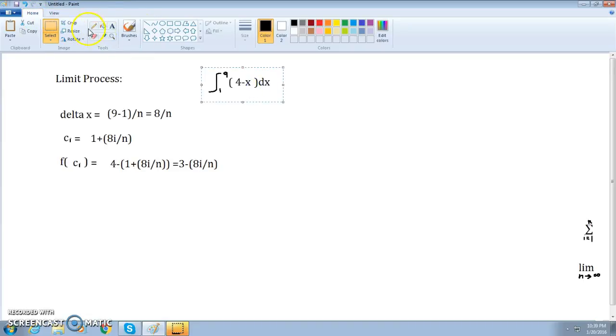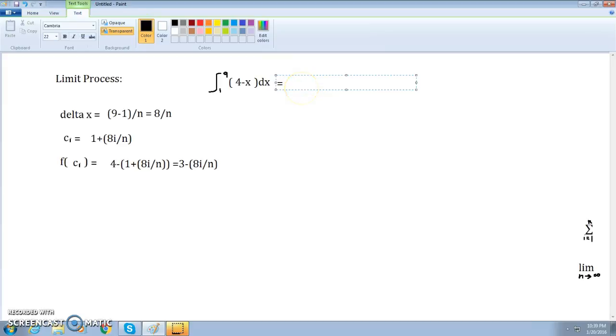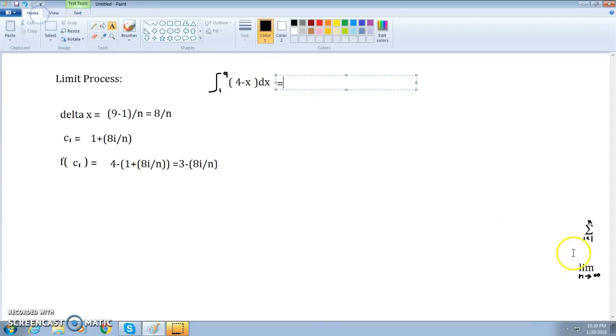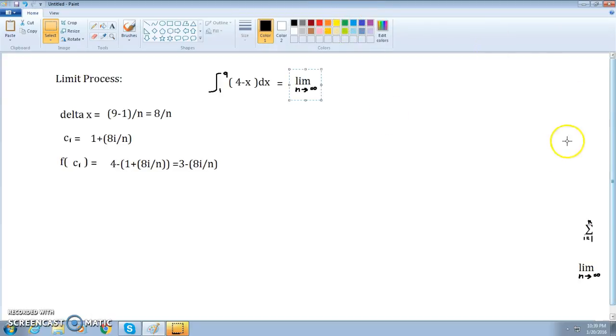This would be equal to the limit as n approaches infinity of the summation from i equals 1 to n of f of c sub i, so just take this here, f of c sub i, times delta x, which is 8 over n.